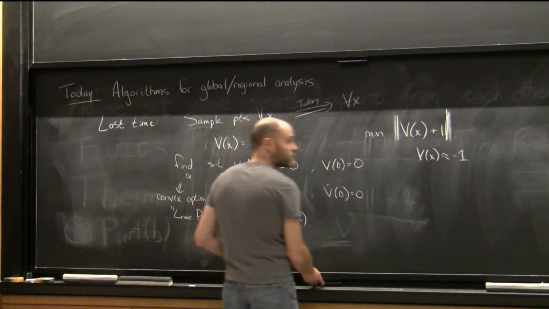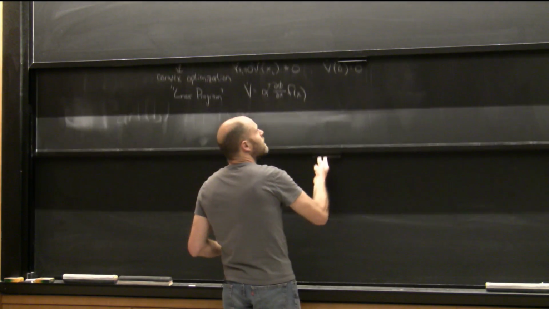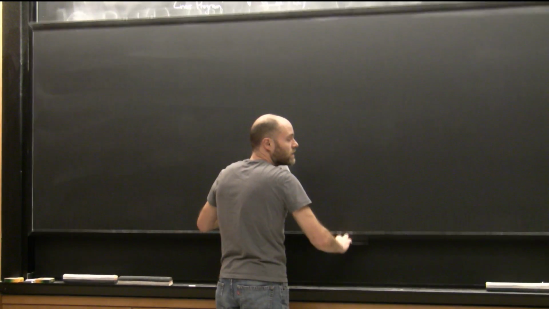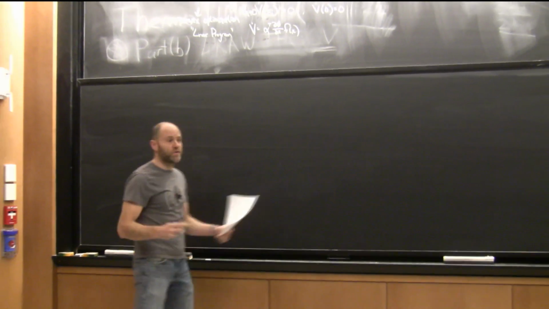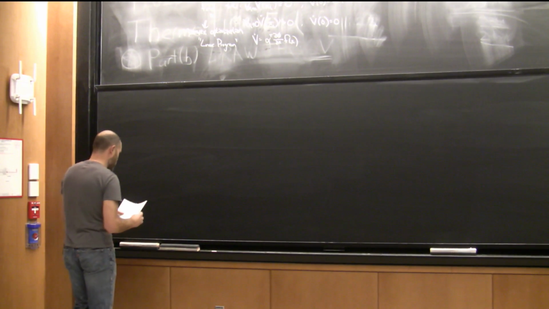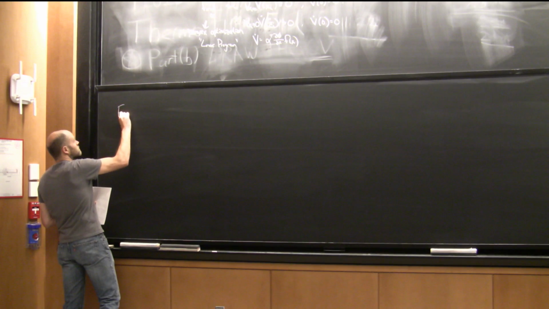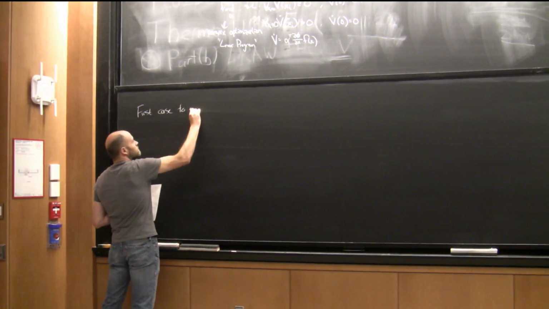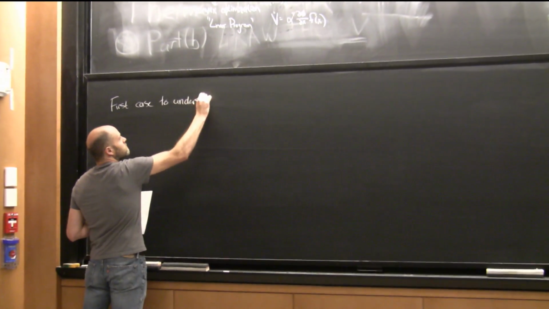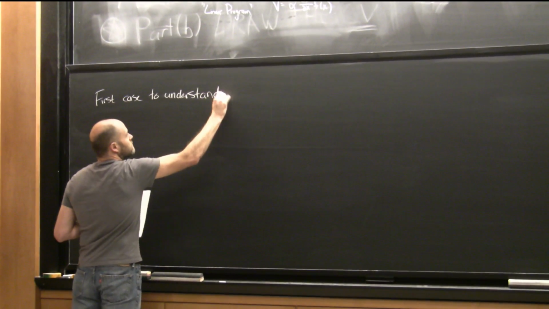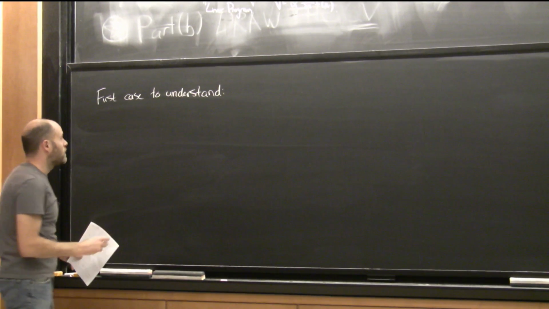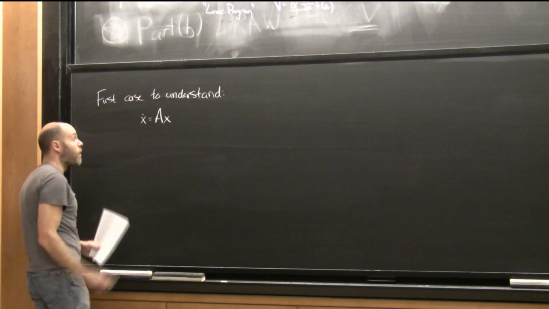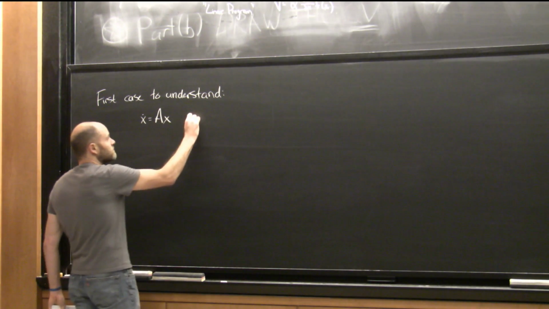The simplest one to understand, and the building block that we'll use, starts with linear systems. Okay, so if someone gives you a linear system in state space form and asks, is it stable?